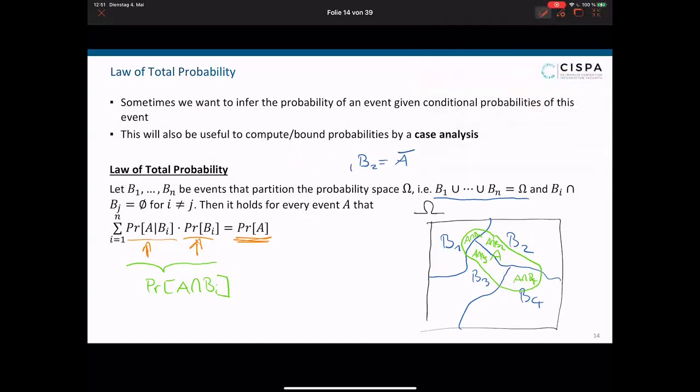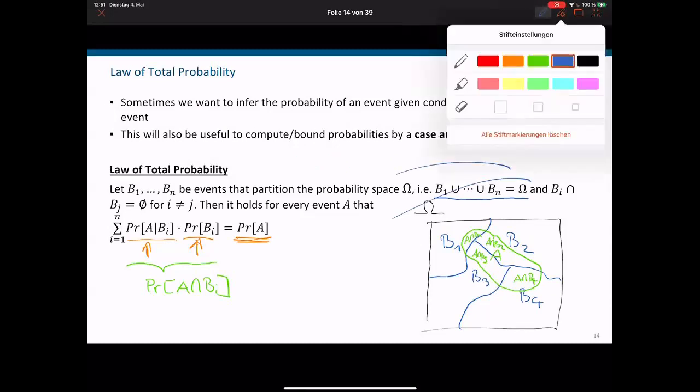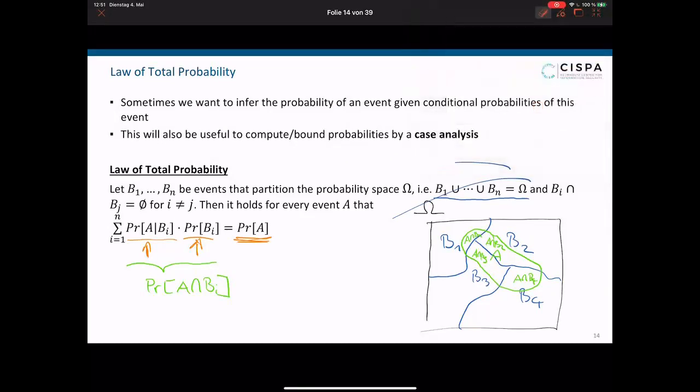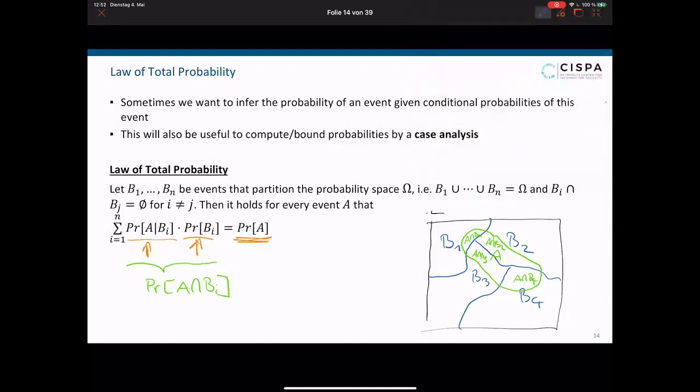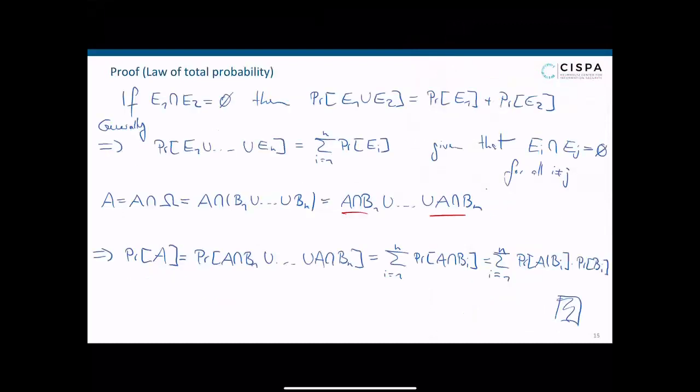but let's erase that from here, because I think here it would be more confusing.